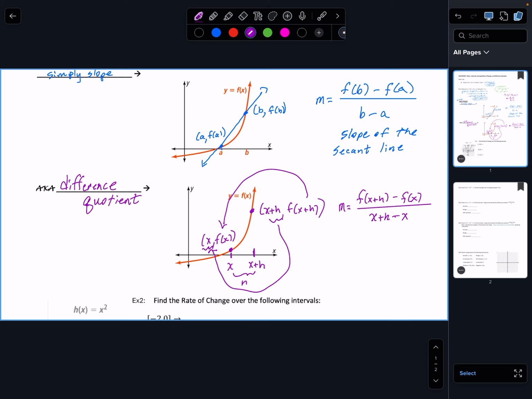And because we chose x and x plus h, the denominator simplifies. The x's cancel and you're left with h. And that is the difference quotient. And you're going to be using it when we get to some problems a little later on in your homework.